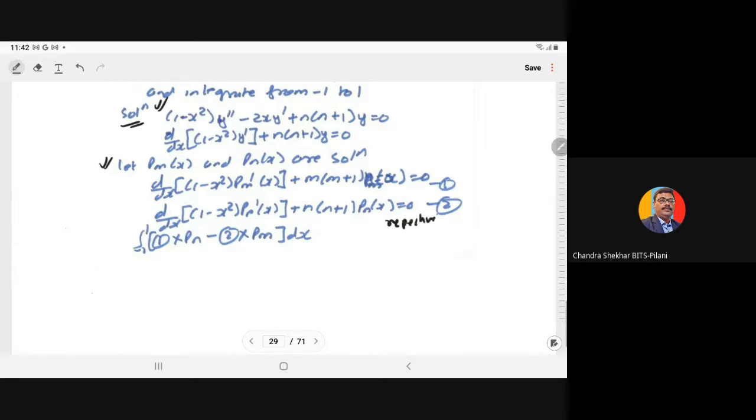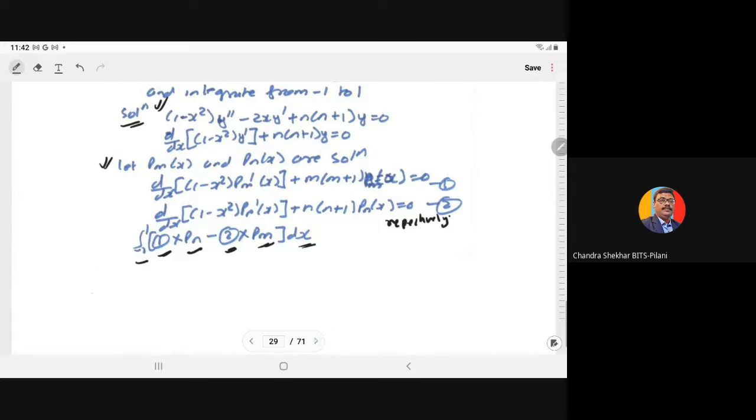They are the solutions of these two equations. Let's say these equations are 1 and 2. So according to the hint, in the first you multiply with Pn, in the second you multiply with Pm, then you subtract and integrate with respect to x from -1 to 1.